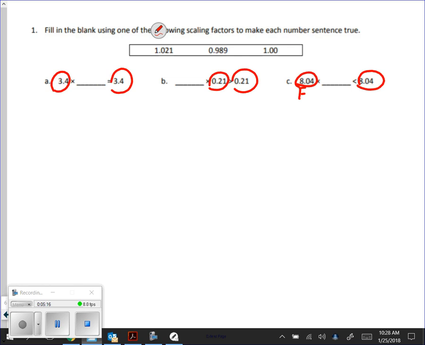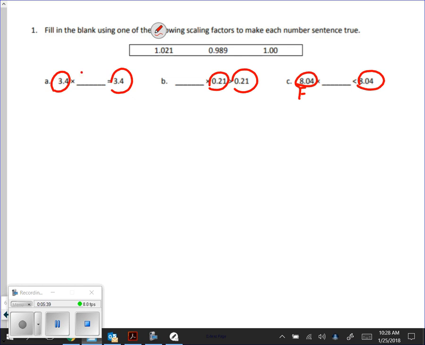Caitlin, are you the only person up here? You and Bailey, the only ones who know? What number up here would do it? Yeah. Oh, 1. Which one up here is 1? 1 with a decimal and a 0 and a 0. That's the only one up here that has 1.